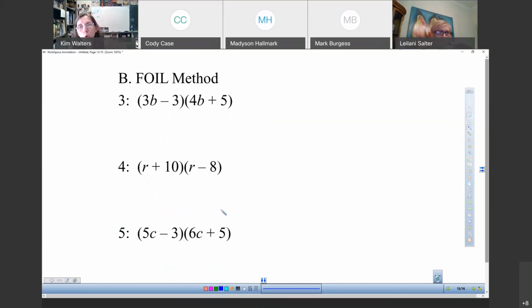FOIL is a mnemonic device to help you remember the product of two binomials. In a binomial, you have two terms. When I multiply two binomials together, I can use the distributive property, and the name for the distributive property with two binomials is FOIL.